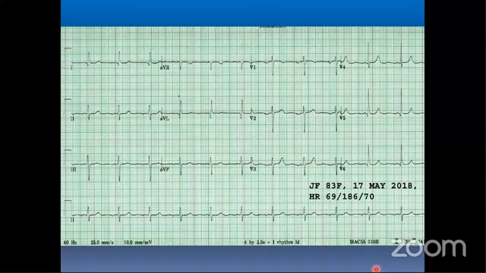In rhythm lead 2, the P wave is biphasic, and PR is normal, and QRS is a narrow complex, and ST is normal. And QT looks normal, sir. QT duration is normal.